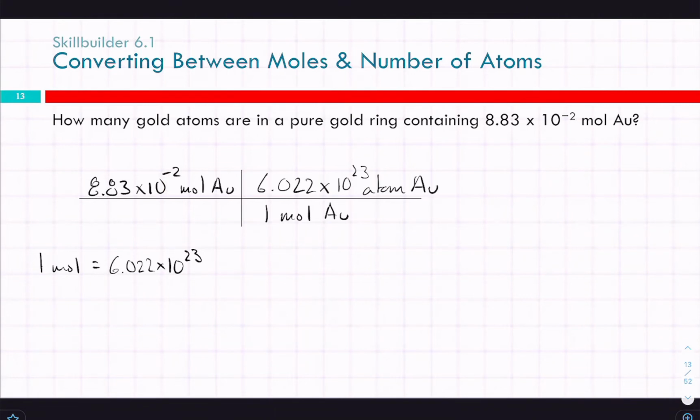Need to drink more of this coffee. Right, and so we can add, it can be moles of gold. We have to be using that consistently. So we're starting with gold, we're talking moles of gold to atoms of gold. So then these units will cancel out.